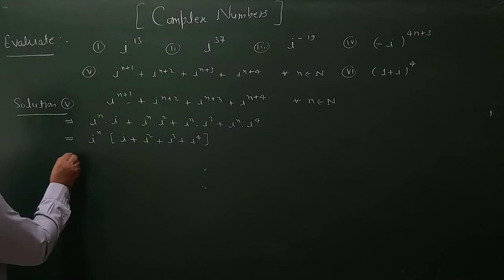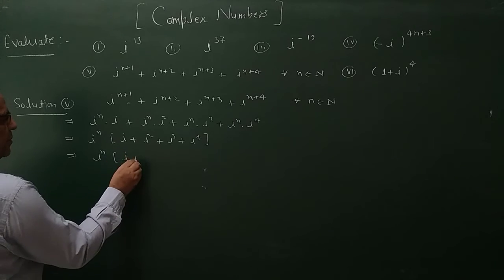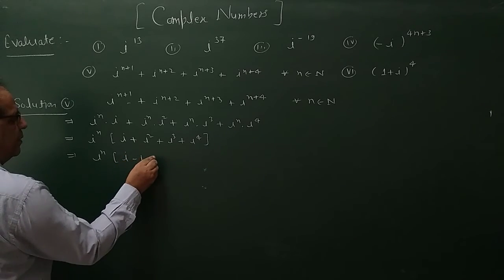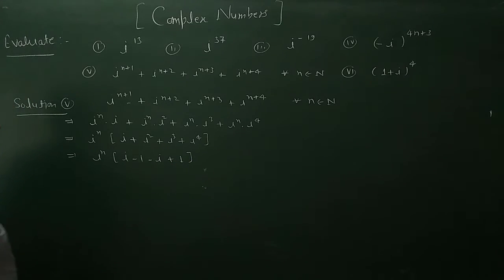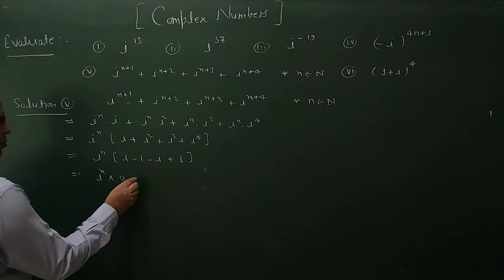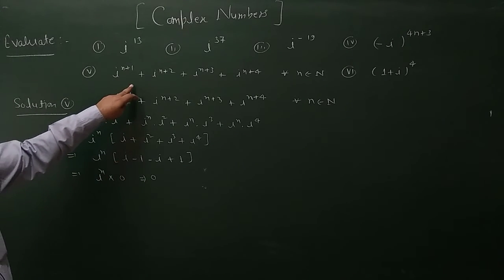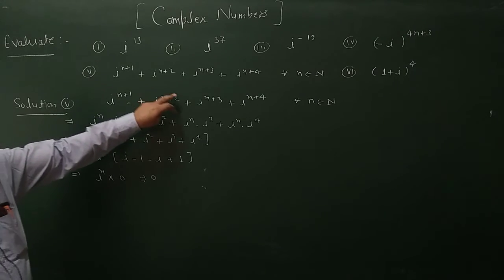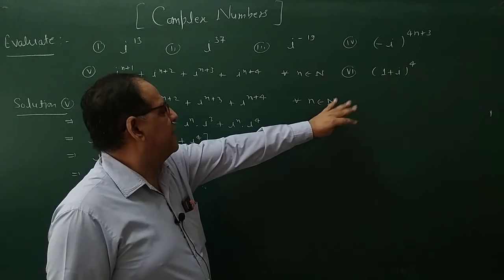Okay. Now put the values. Iota is the same, this is minus 1, minus iota, plus 1. So we have iota to the power n into 0, that means 0. The question was iota to the power n plus 1, iota to the power n plus 2, iota to the power n plus 3, iota to the power n plus 4, where n is a natural number.